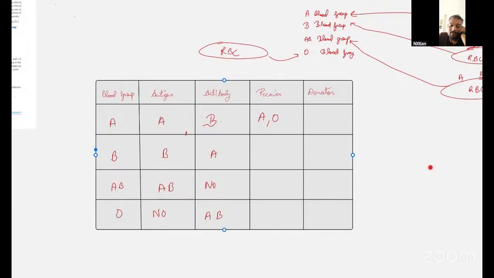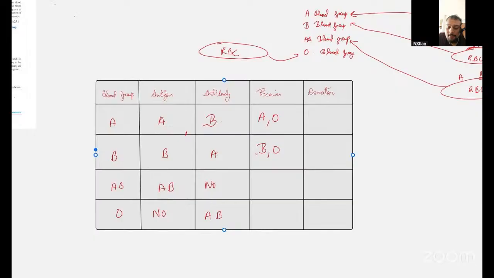Now, if a person has B blood group, from whom can he get blood? B and O. Why B? Because B has antibody A, so no problem, and O doesn't have any antigen, no problem.